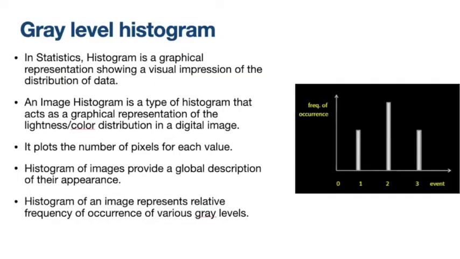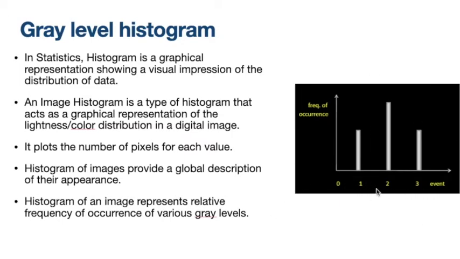In statistics, we have already studied histogram. What is a histogram? A histogram is a graphical representation showing a visual impression of the distribution of data. Here is an example of a histogram.